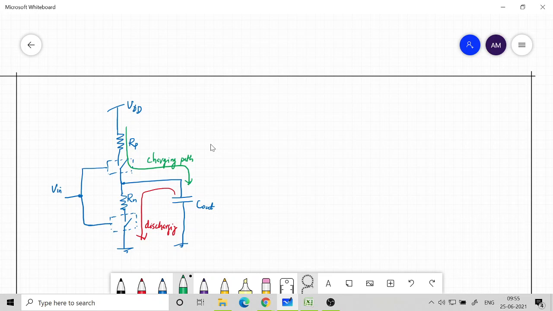So this is just a single RC network, and you can immediately write down the rise time and fall time. So let's evaluate rise time.